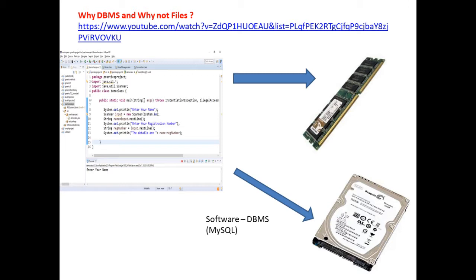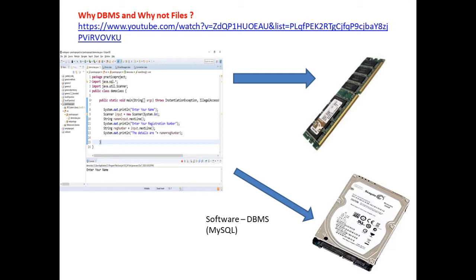To say in short, you use files only for a smaller set of data, wherein the number of users for that data is less, the updates made to the data are less, and there is no concurrent access to the data. In such cases you go in for a file, whereas database management systems allow a lot of things like concurrent access to the data, security for the data, multiple levels of access on the data.